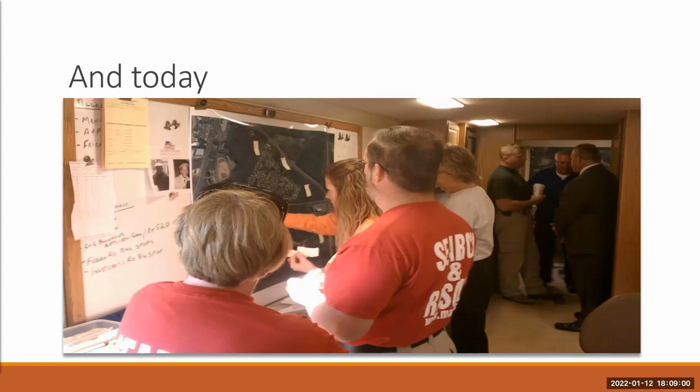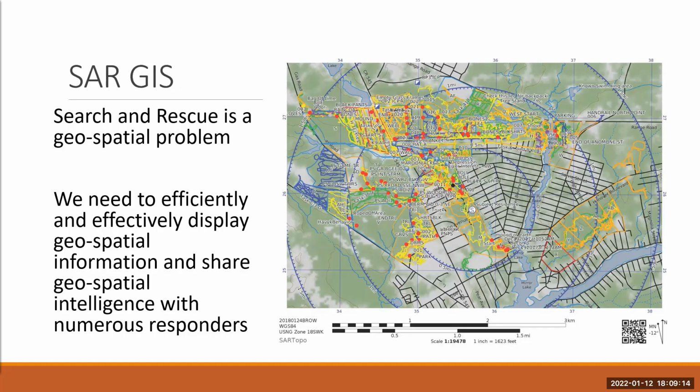Today we use a lot more tech in what we do, and it helps us. The technology, especially something like this, if used properly, can be what we call a force multiplier.